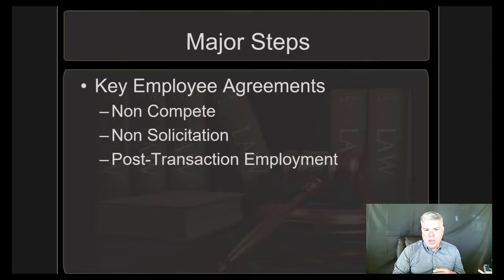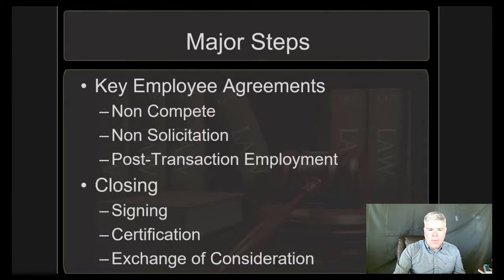Non-solicitation is essentially that you can't solicit the business's employees or customers, or potentially interfere with their vendor relationships. And then post-transaction employment. If you have key employees who are coming over, you're going to want to negotiate that post-transaction employment and get those employee agreements inked while you're conducting the diligence, so at closing, everything is lined up and ready to go.